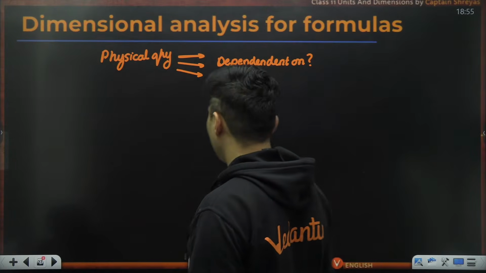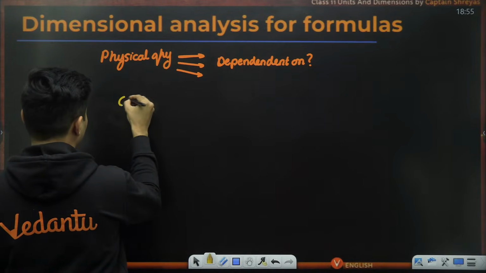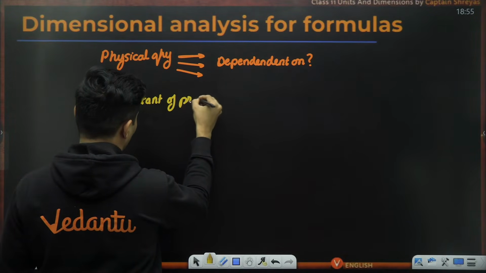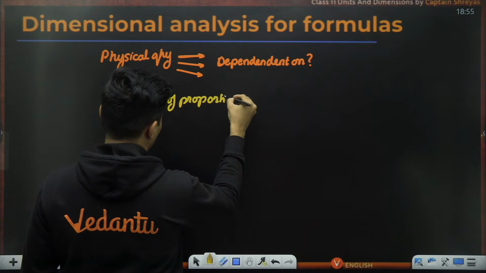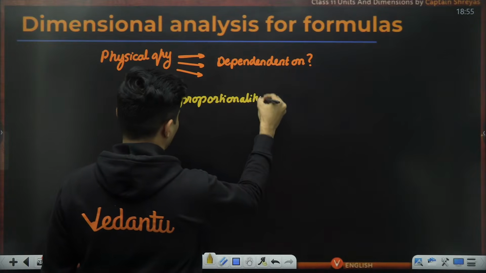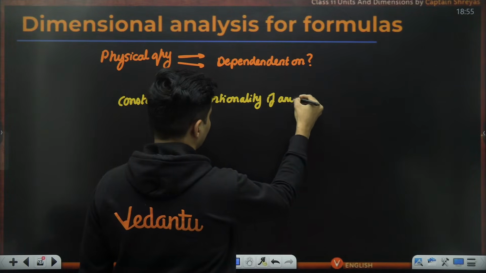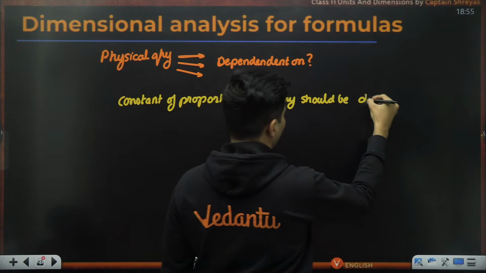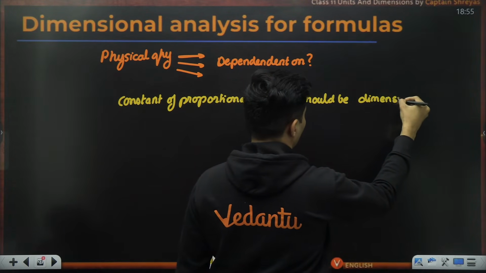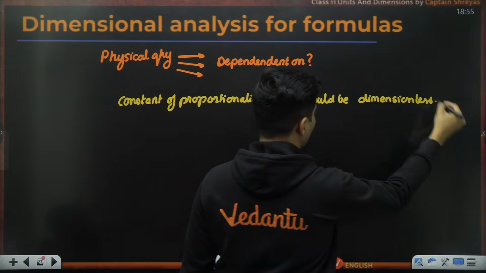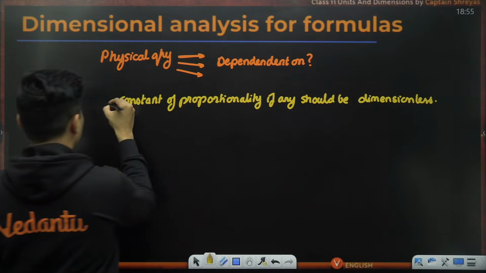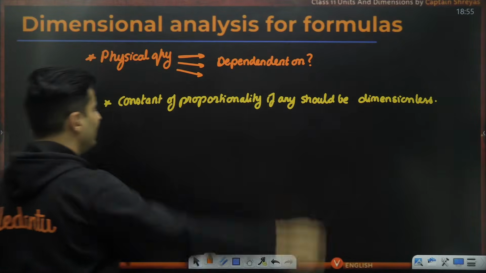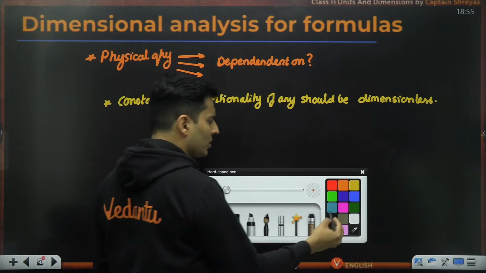Second important thing is that the constant of proportionality, if any, should be dimensionless to use this. This is another important thing. So this was the first thing. You should know what it is dependent on. Don't worry, when we solve the question, you will get it.